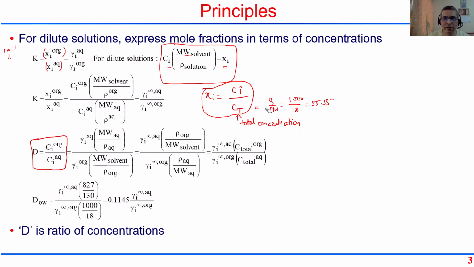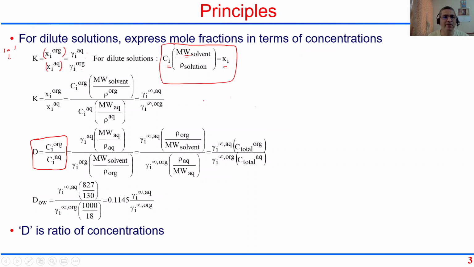For example, if you are thinking about pesticides in groundwater, they are at very low concentration, a few ppm level, and therefore they are really at infinite dilution. The mole fraction is practically tending to zero. So if it's at a higher concentration, you can write in terms of the actual activity coefficient, or if it's at a dilute concentration, you can write it in terms of the infinite dilution activity coefficient.